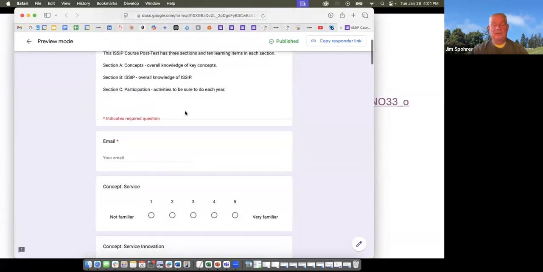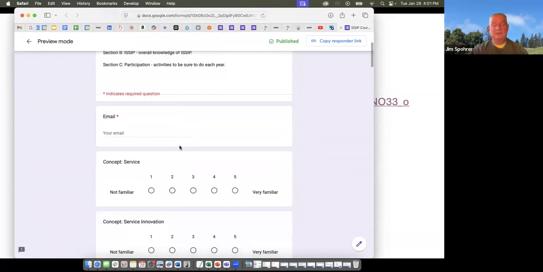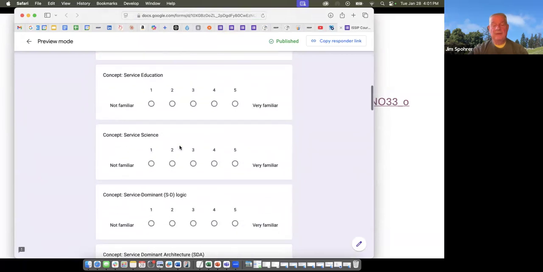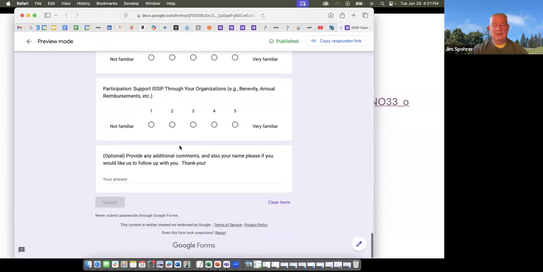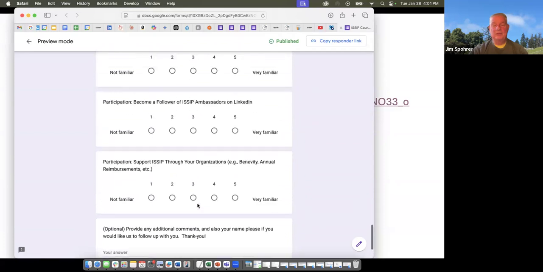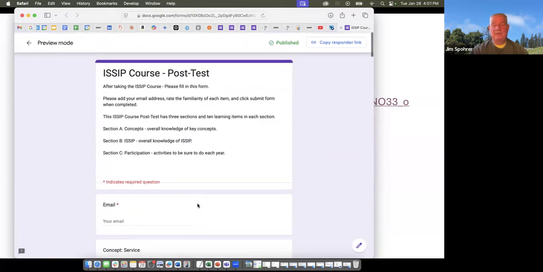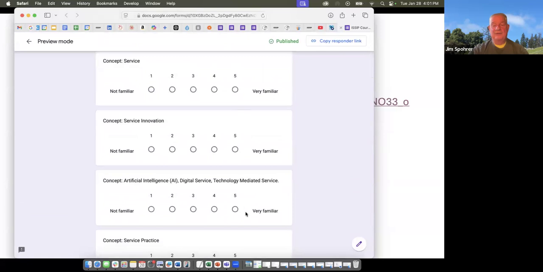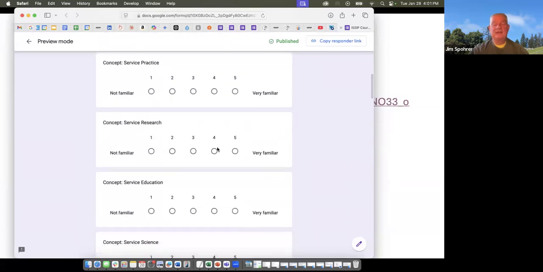You'll see the post test, you put your email in here, and again, I don't think it's going to let me submit it because it's in preview mode, but I would put 5s in all of these. The idea is that a learner, before they take the course, may be unfamiliar with some of these, but after they take the course, they might be a little bit more familiar. So maybe they went from 3 to 4 or something like that.